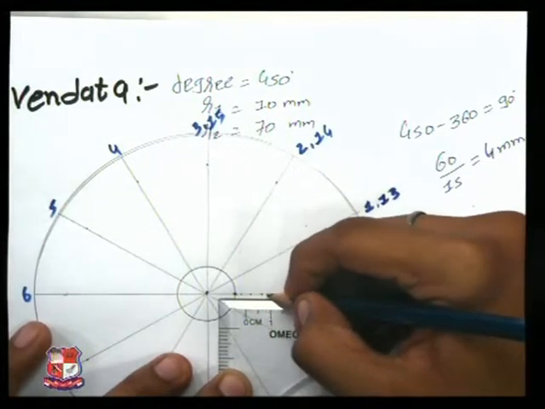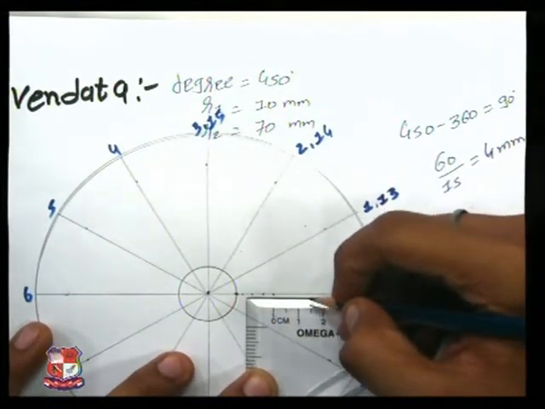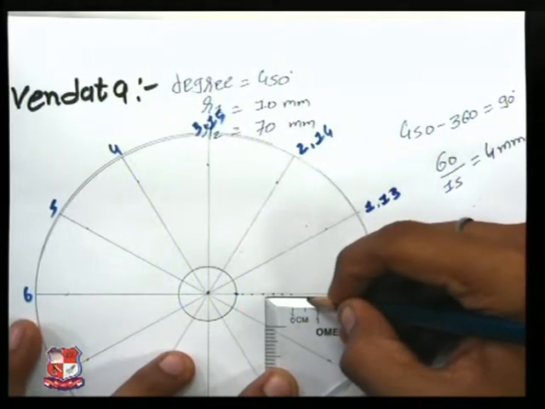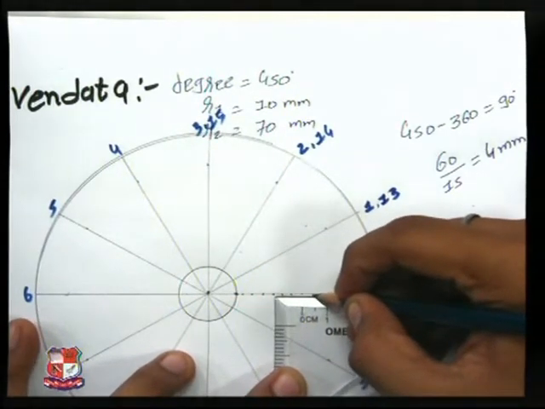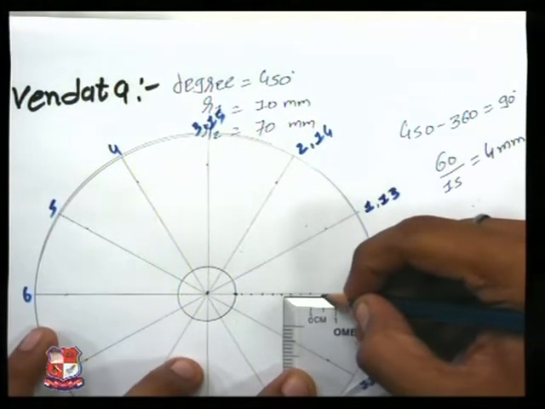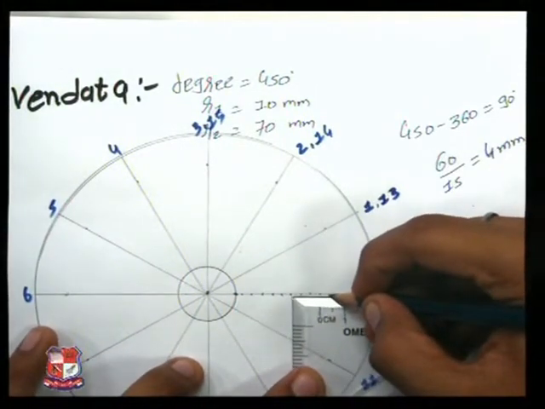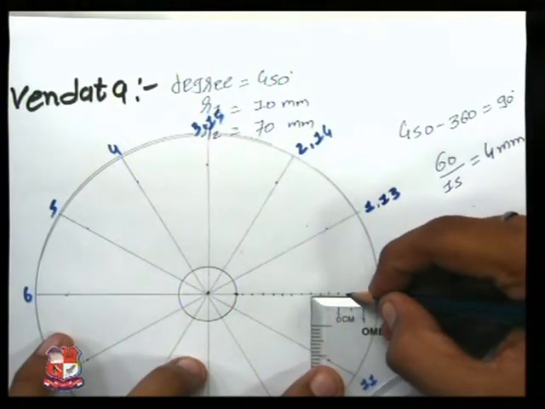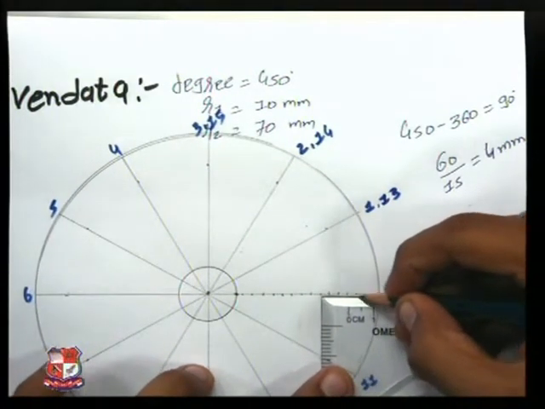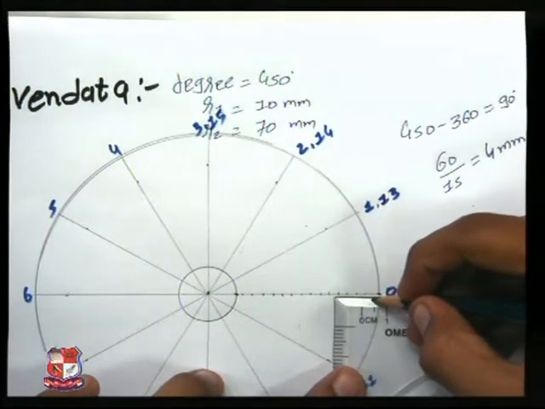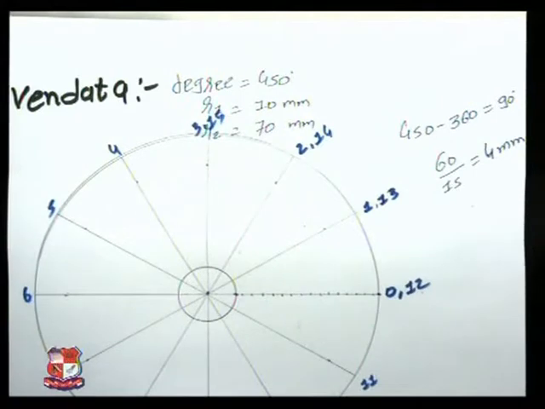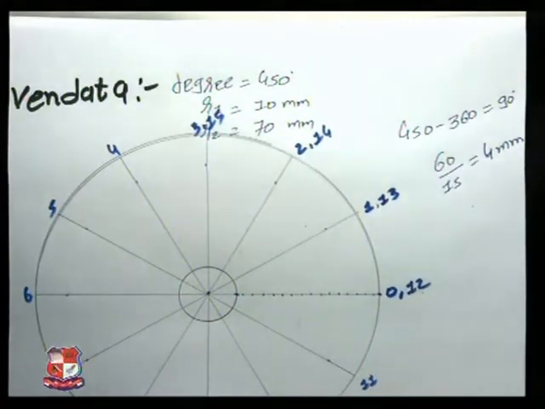One, two, three, 4, 5, 6, 7, 8, 9, 10, 11, 12, 13, 14 and 15. Count the parts also.